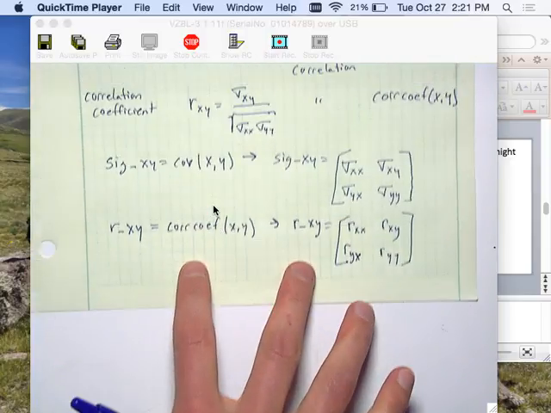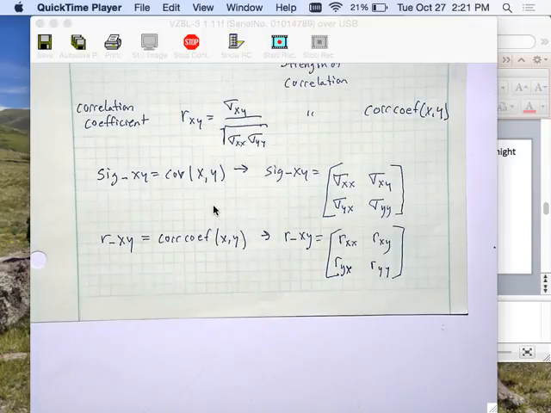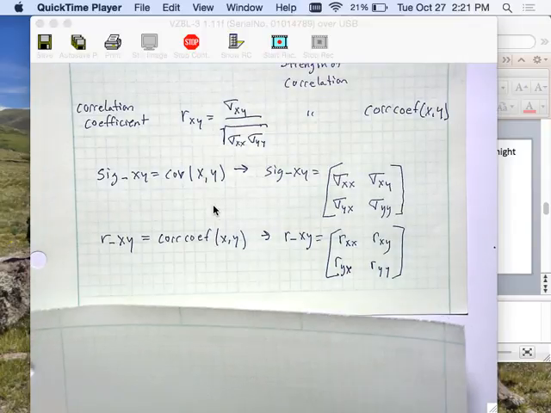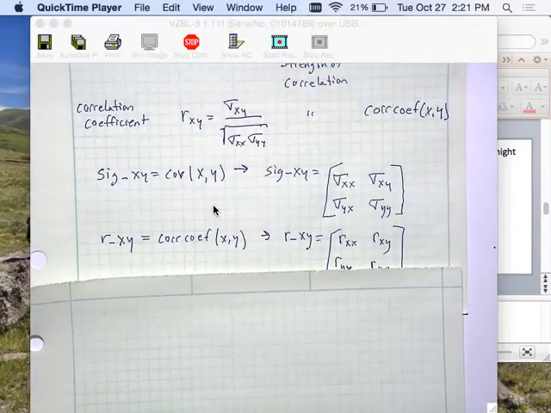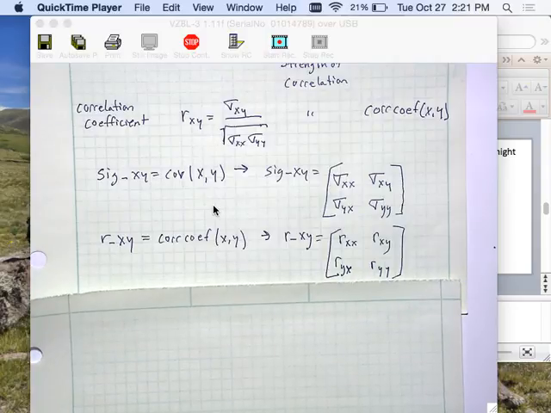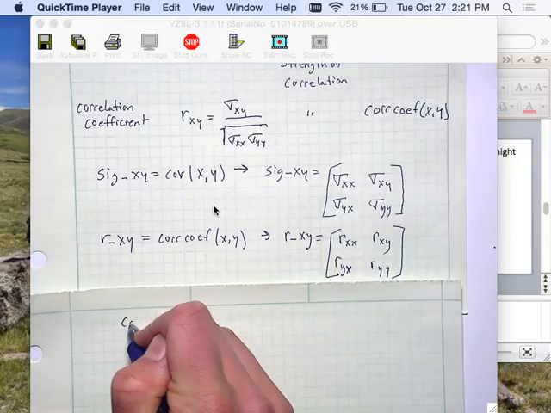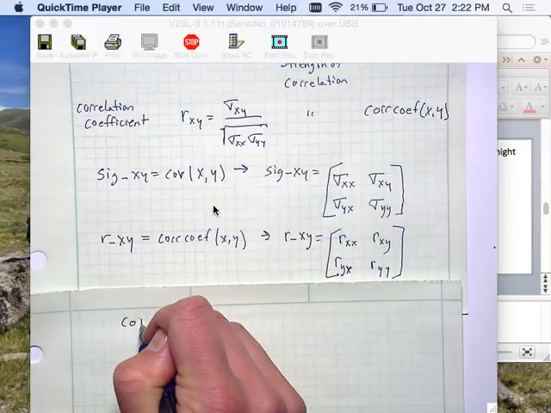Did I go too far? Okay, so you can have a positive correlation or a negative correlation. So let's look at, first of all, the correlation coefficient R is going to be between -1 and +1.